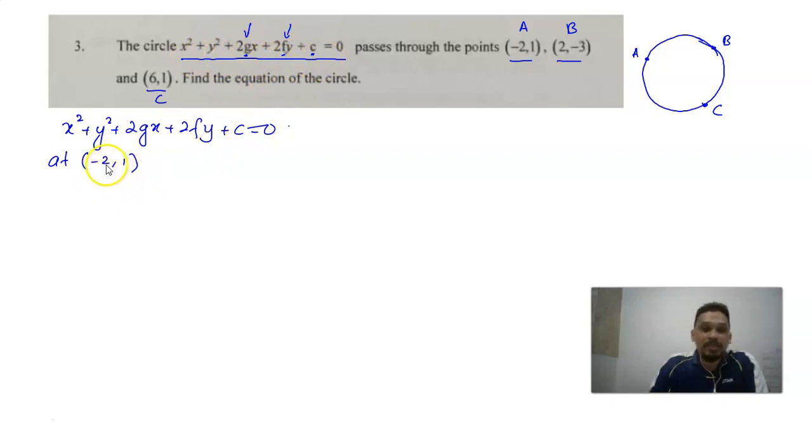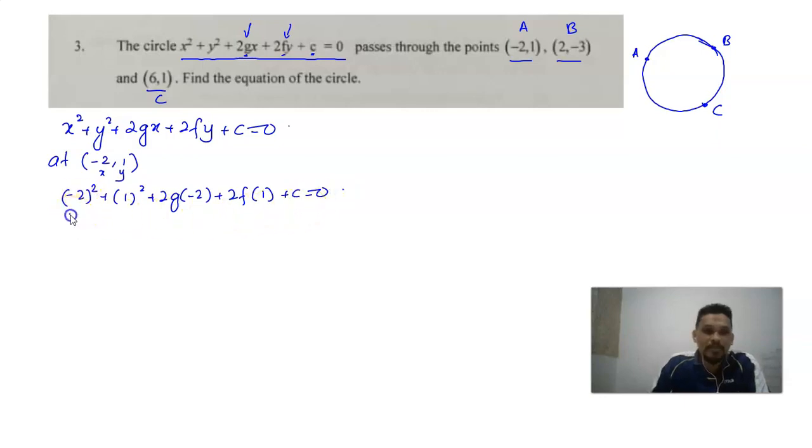At this point, (-2, 1), this is x and this is y. So at the point (-2, 1), it's (-2) squared plus 1 squared plus 2g times -2 plus 2f times 1 plus c equal to 0.